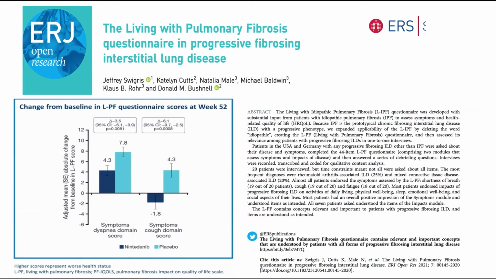And actually, this is the pulmonary fibrosis questionnaire developed by Jeff Swigris, initially in IPF, but then also developed in pulmonary fibrotic diseases, such as connective tissue diseases and chronic HP, and it is very important because it is assessing symptoms and quality of life.